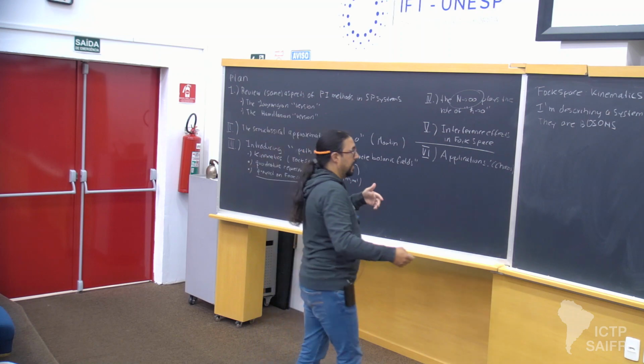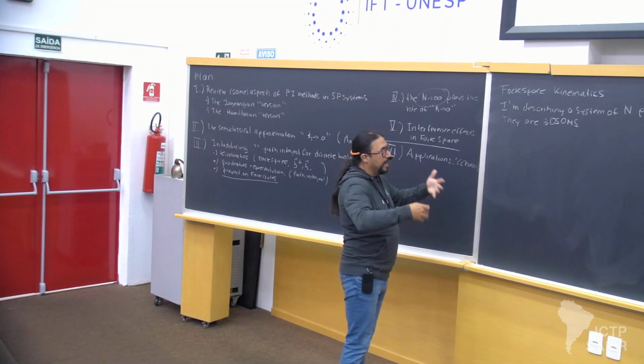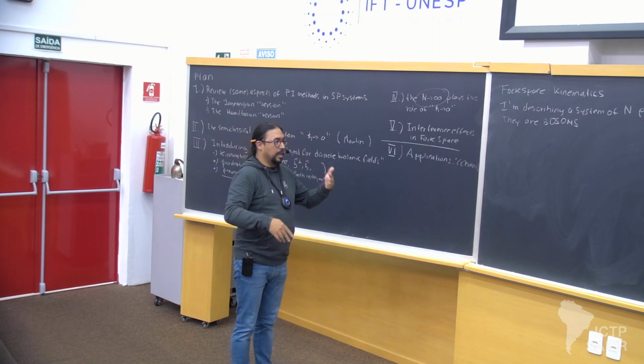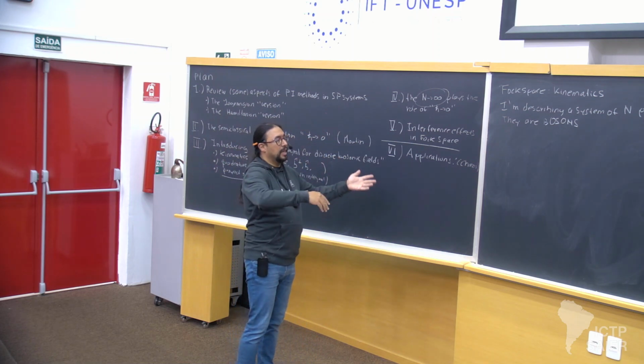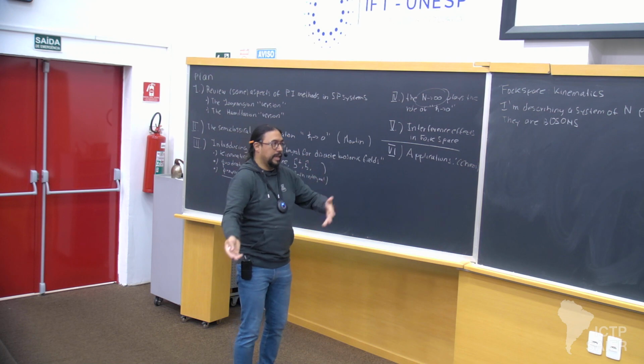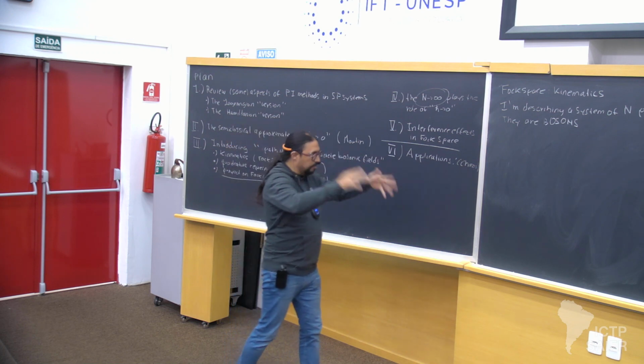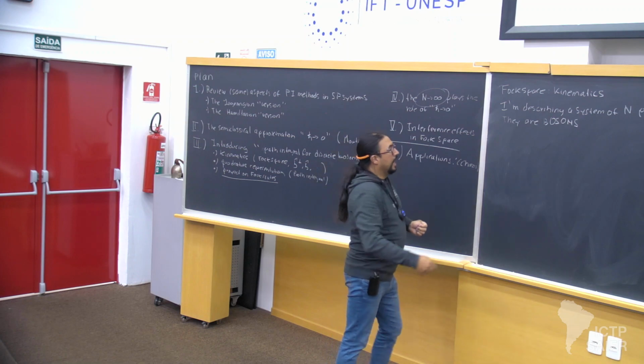I can make a huge detour into how to go from symmetrizing the wave function and end up with this occupation representation. I will motivate it directly.